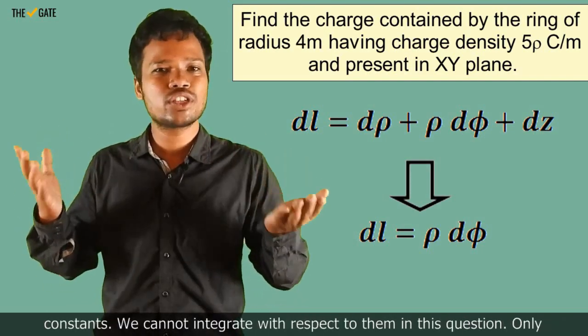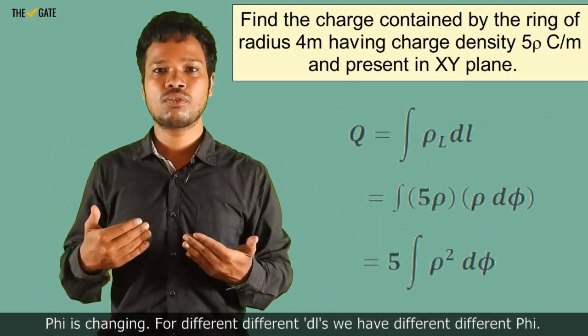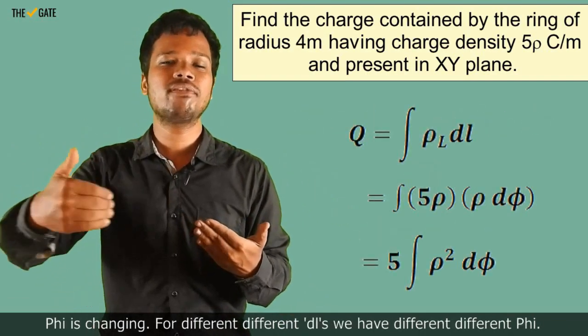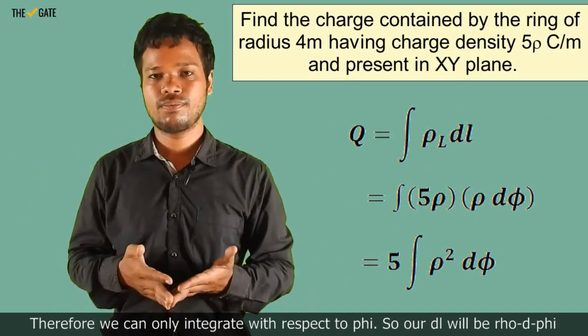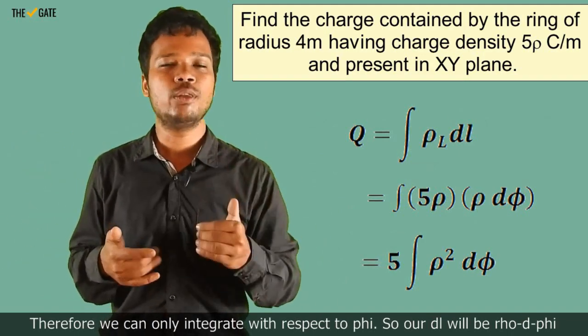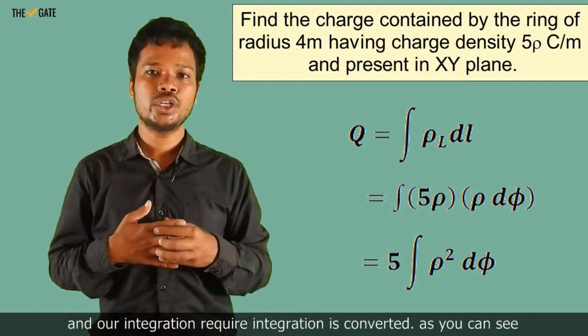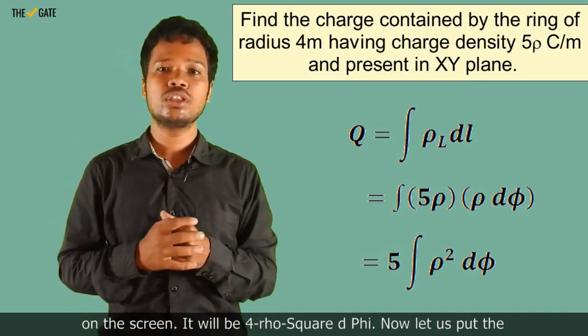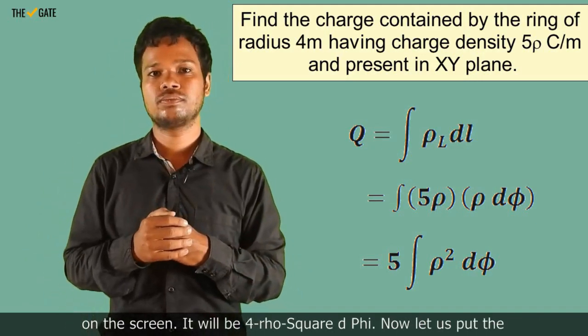We cannot integrate with respect to them. In this question, only phi is changing. For different dls, we have different phi. Therefore, we can only integrate with respect to phi. So our dl will be rho d phi. And our required integration is converted as you can see on the screen. It will be integral of rho square d phi.